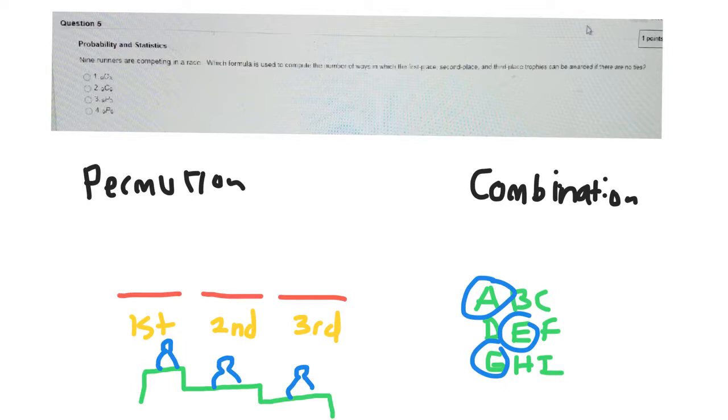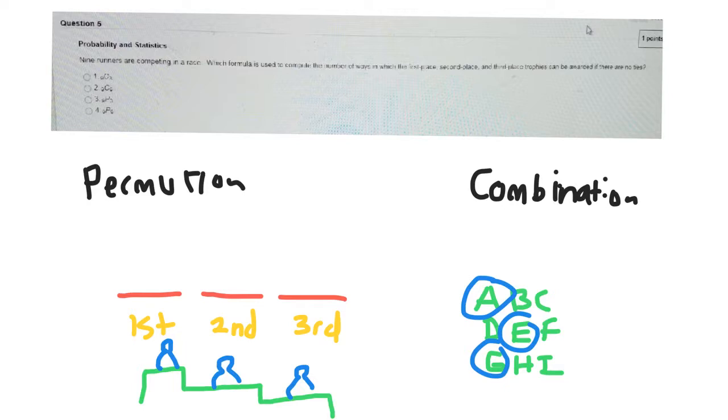A getting first, E getting second, and G getting third is not the same situation as E getting first, G getting second, and A getting third, even though we're dealing with the same 3 people. That is why, in this case, the order matters. And when the order matters, you are dealing with a permutation, not a combination.